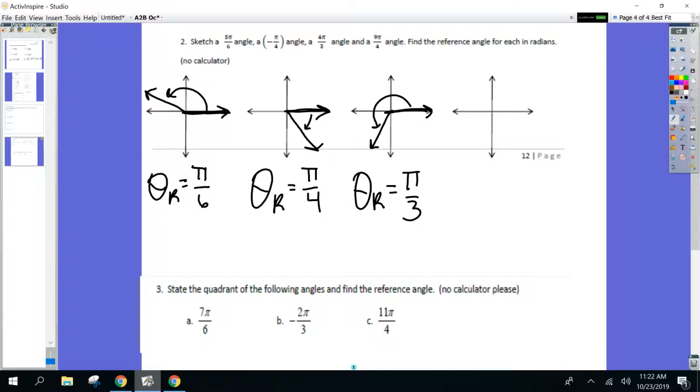Yep. And then I'm going to ask you what quadrant it's in. 405. What quadrant am I in? First. Yep. Closer to 0. Right in the middle? Okay.